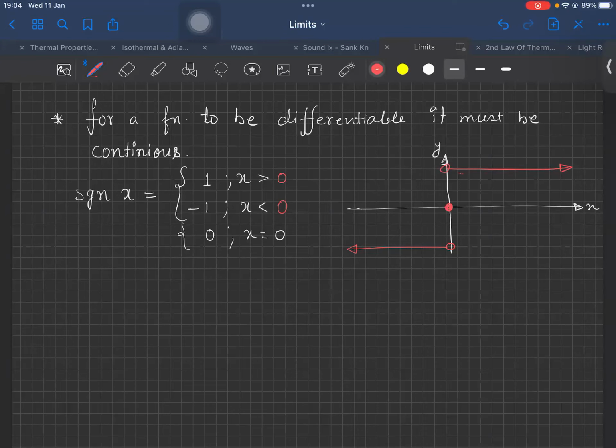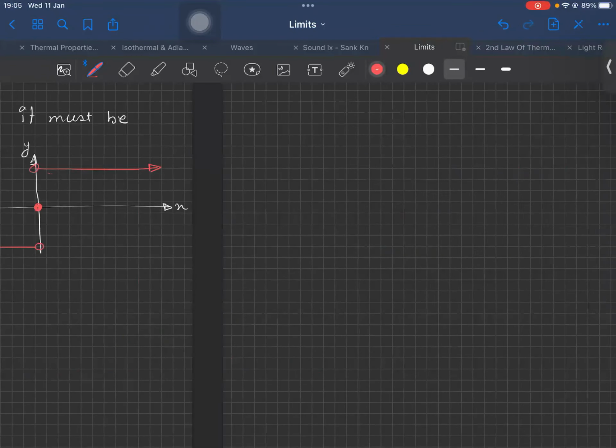That means the signum function is not continuous at x equal to 0, so it is not differentiable at x equal to 0. Any curve which is not continuous, where there is a gap and it starts from somewhere else, is not differentiable. We'll see these examples.